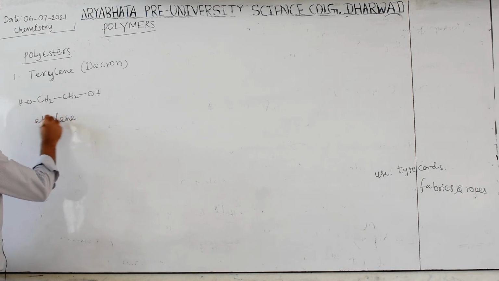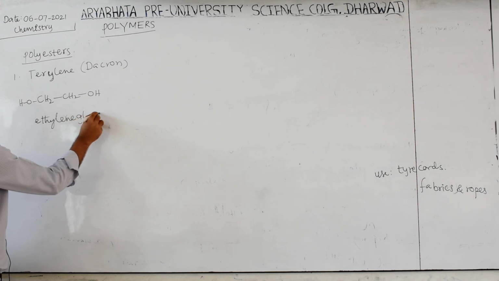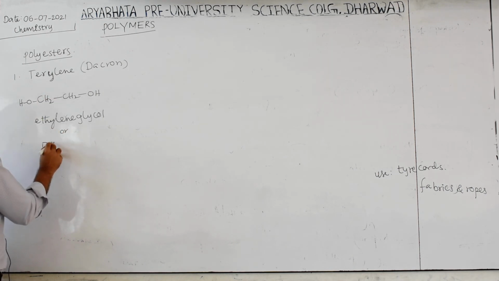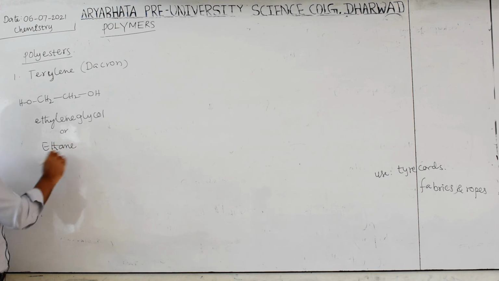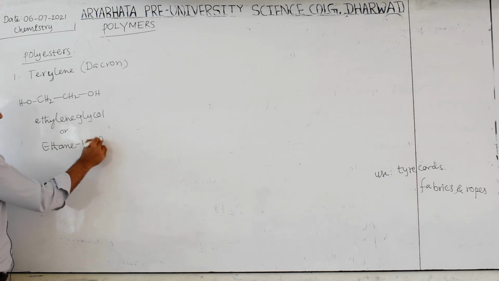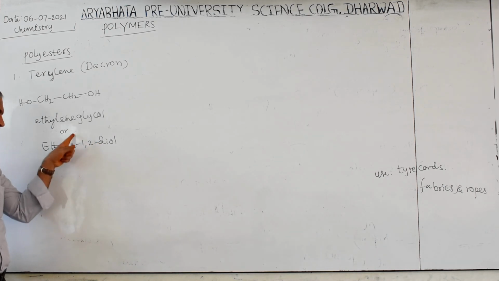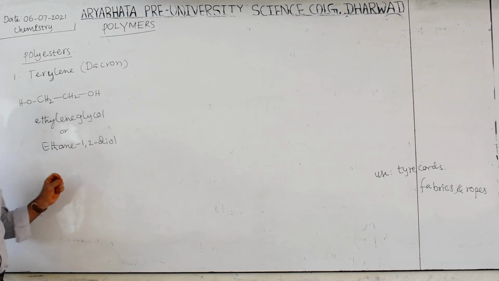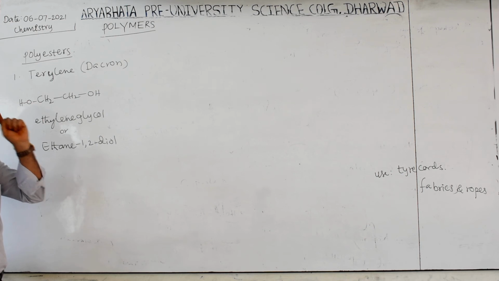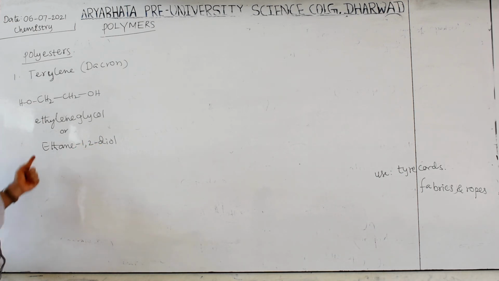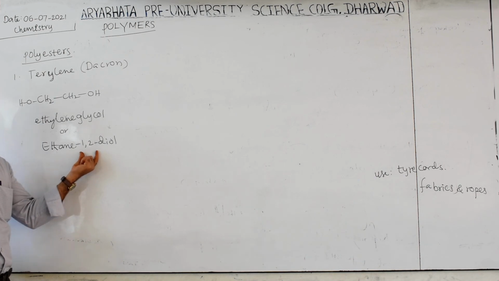Ethylene glycol. This is the common name. The IUPAC name is ethane-1,2-diol. Next letter D is there, therefore E is not removed. A, E, I, O, U, Y are removed only if not followed by such a letter, but here it is followed by D, therefore E will be present. So this is ethane-1,2-diol, the IUPAC name.